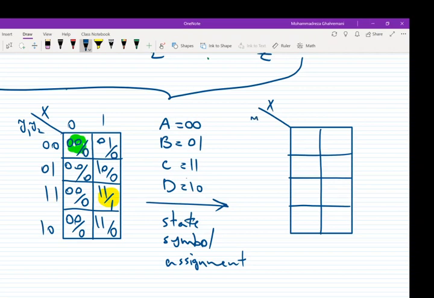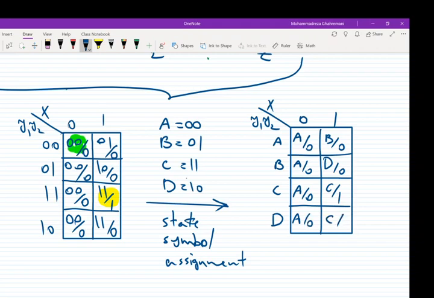Okay, we have X, we have Y1, Y2, states A, B, C, D, input 0 and 1, and next state A output 0, next state B output 0, next state A output 0, next state D output 0, next state A output 0, next state C output 1, next state A output 0, and next state C output 0.